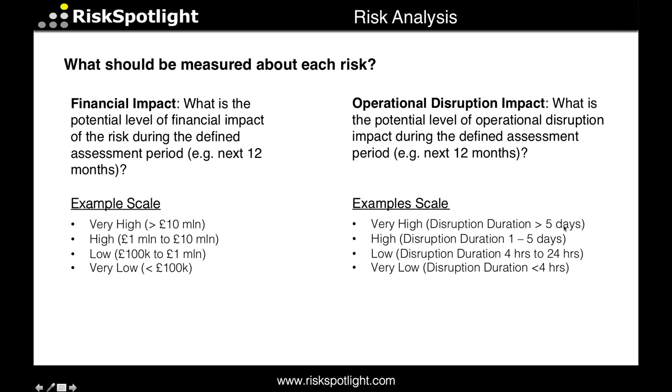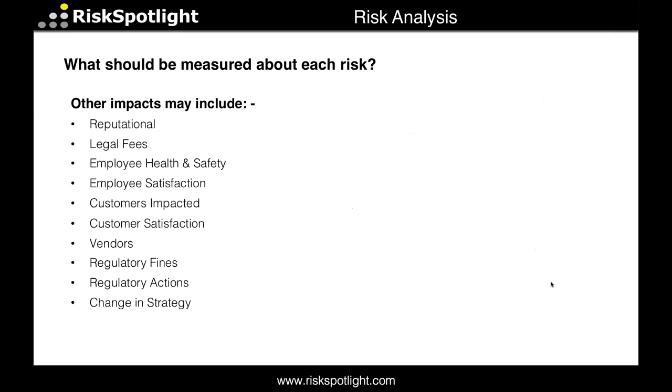Very high is where your processes may get disrupted for more than 5 days, then 1 to 5 days, and very low is less than 4 hours. Again, for every measure there is a number to ensure that ambiguity is not there.